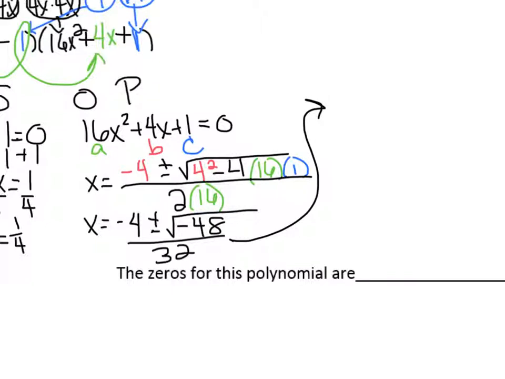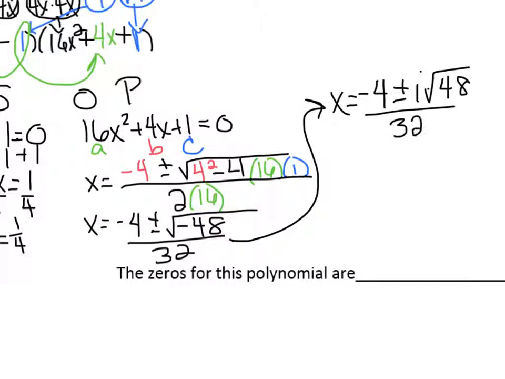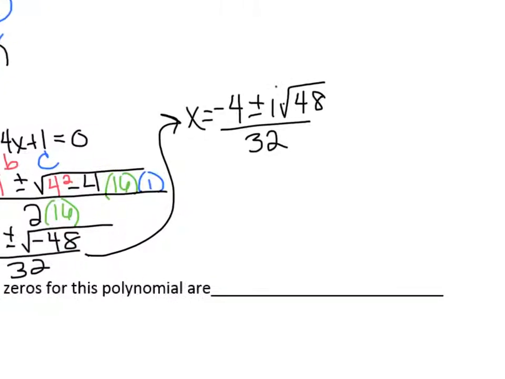Now I have x equals -4 plus or minus i square root of 48 all over 32. We check if 48 is a perfect square. It's not, so we need to pull out our chart.